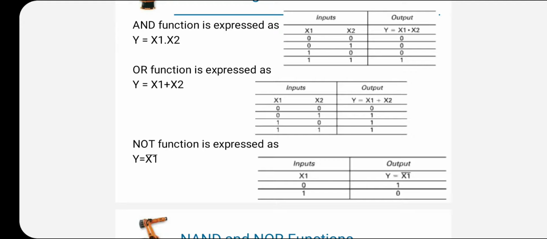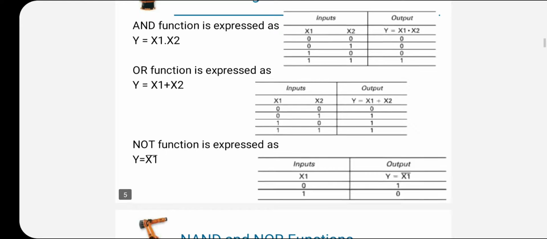If one of x1 or x2 is 0, then y equals 0, as it is a product. 0 into 1 is 0, 1 into 0 is 0. And in the last row, x1 is 1 and x2 is 1, so 1 into 1 gives y equal to 1. So this is the AND function, which gives the product of input signals.